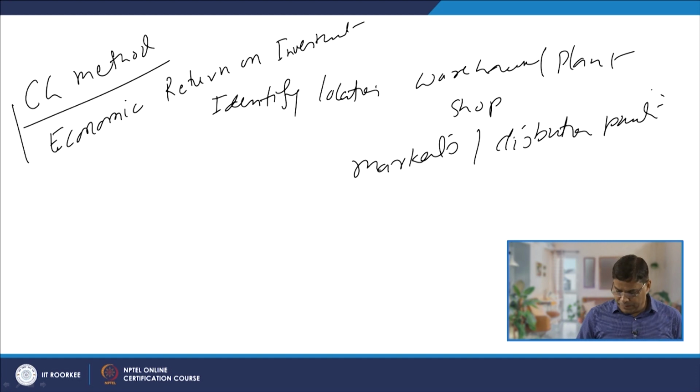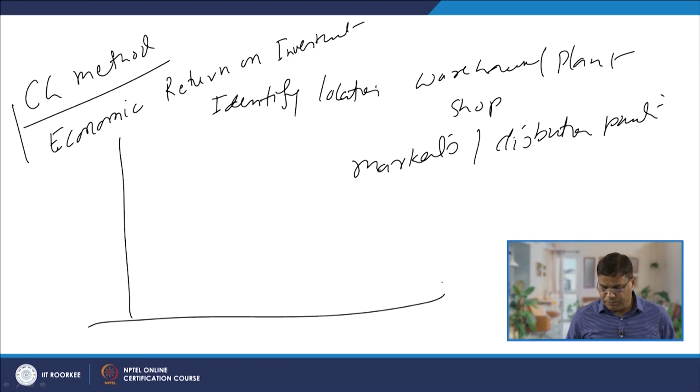So, in this case also it uses the coordinate system for identifying the location where a warehouse, plant or bank or hospital can be located.